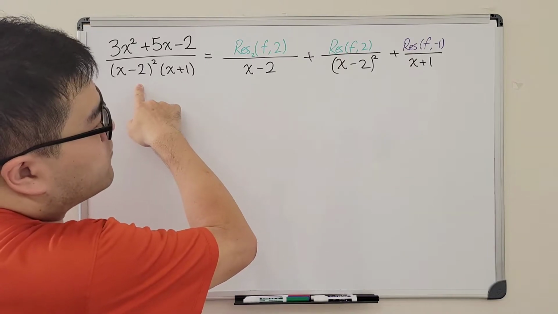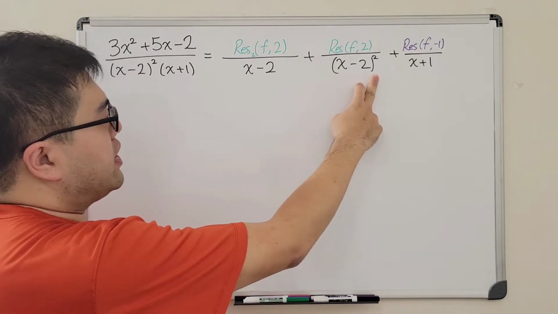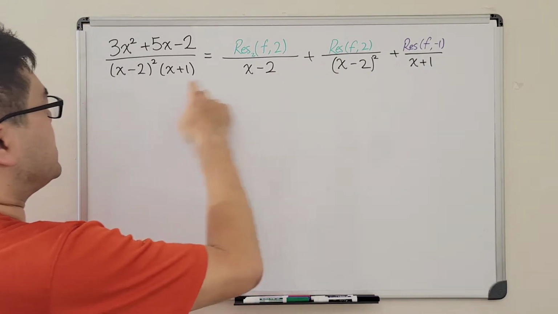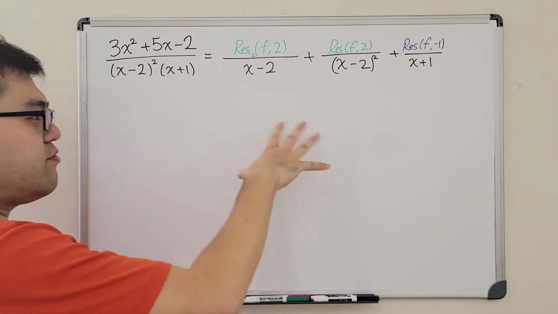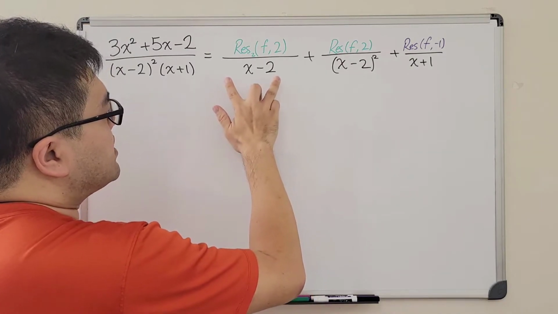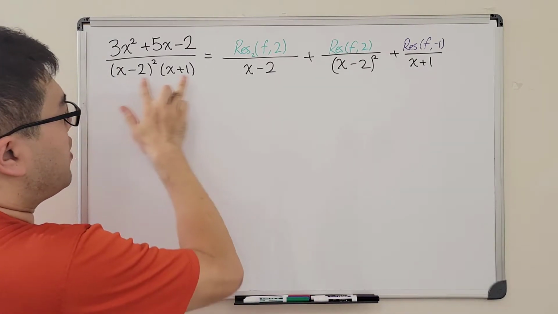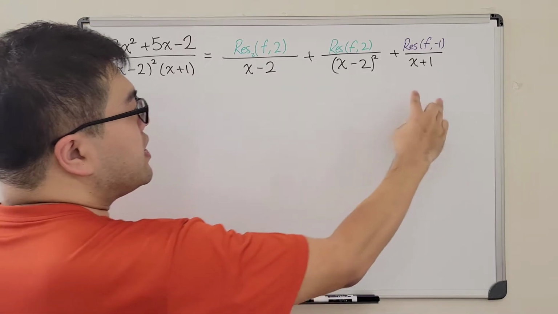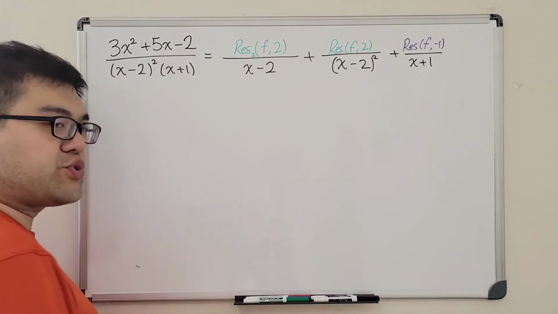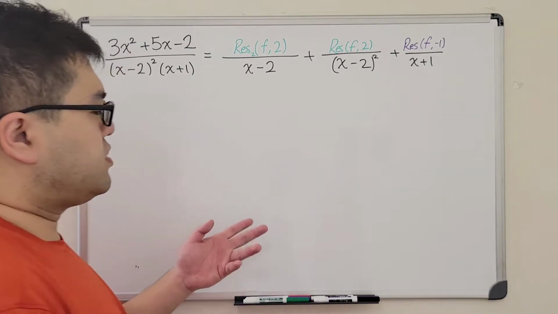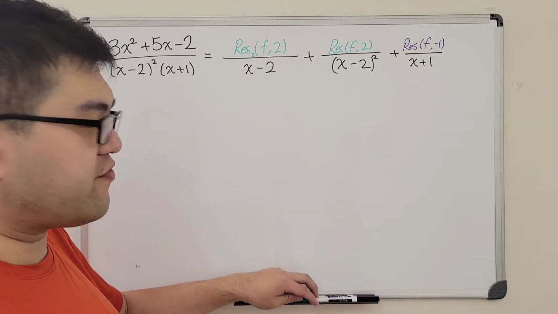This time, however, we have a square in one of the terms, which is the x minus 2 term. So if we do the partial fraction, we have to write three parts: x minus 2, x plus 1, but also x minus 2 quantity squared. So this time we have a different situation.